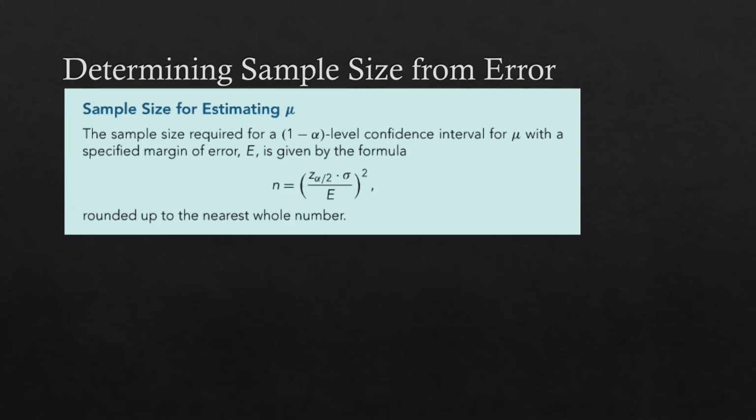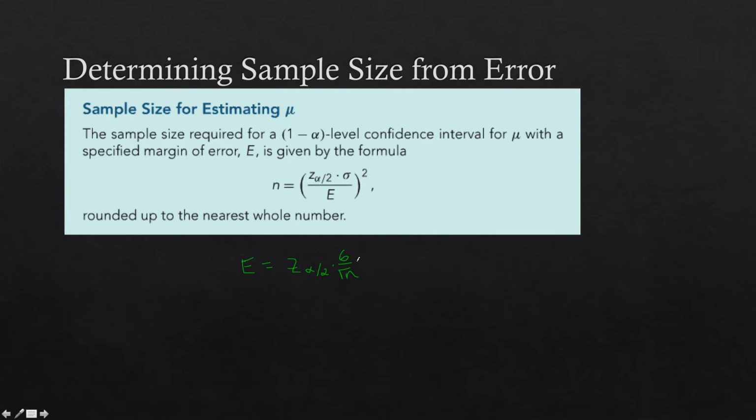Now, suppose I want to determine the sample size from the error. Well, here's the formula to do that. Now, I want you to get what this is, folks. Don't overthink this, okay, please. This formula that they have given you is basically this formula here solved for n.